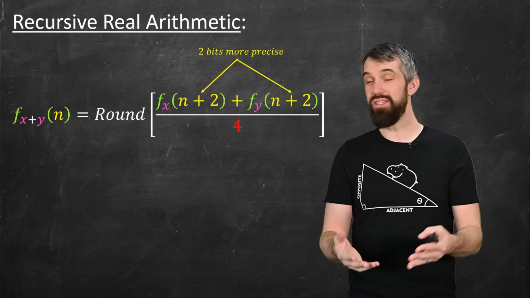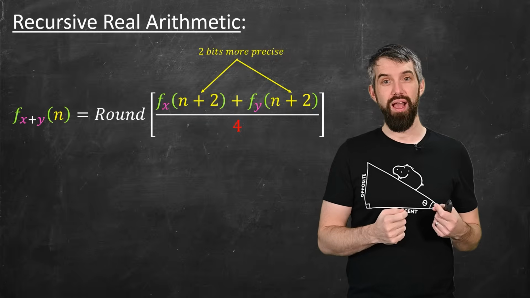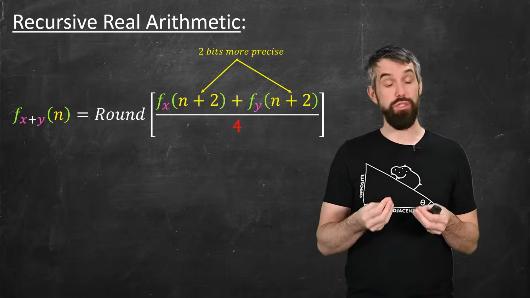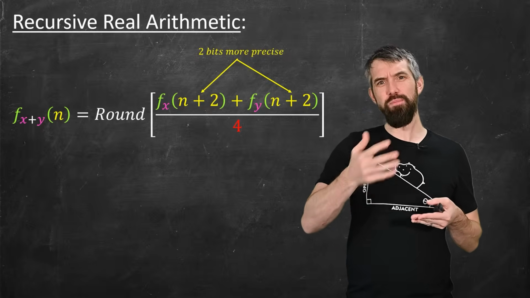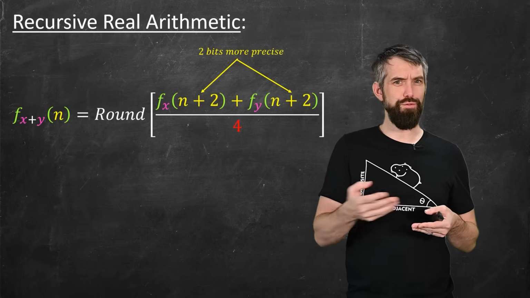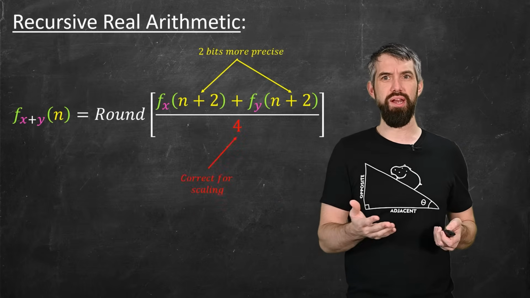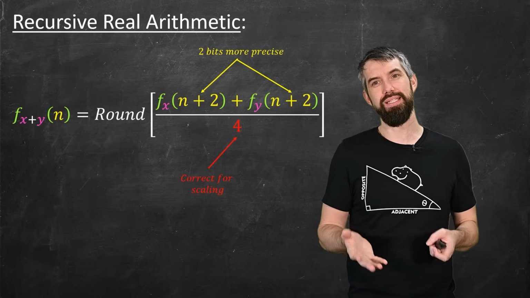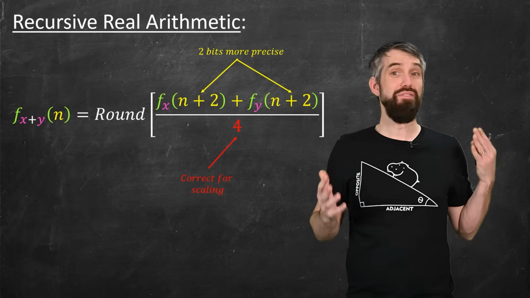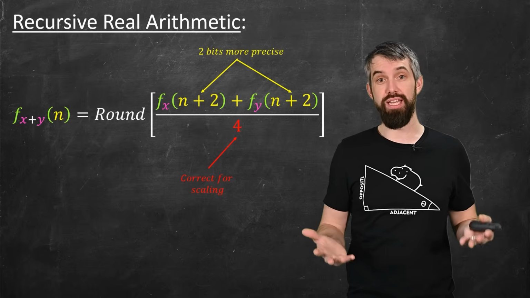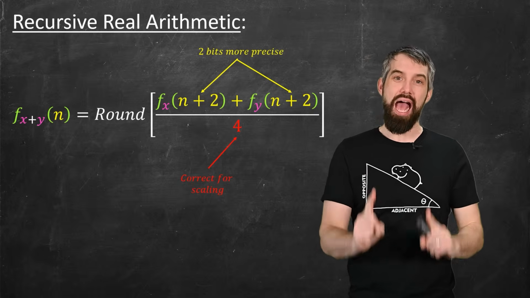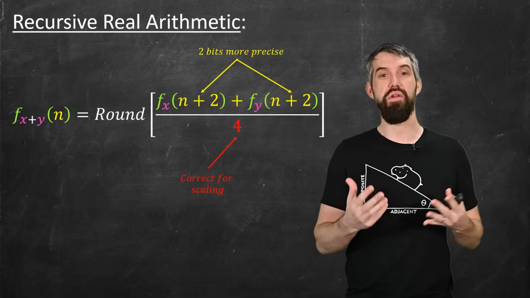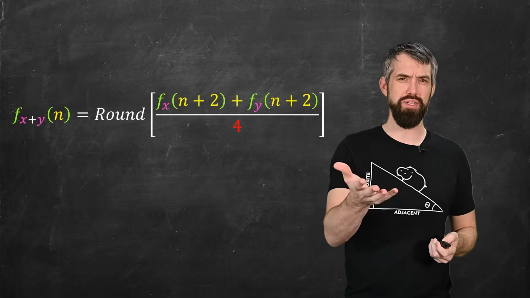Like if I want my final answer to be within 1 over 2^n, I'm doing these intermediate calculations for 1 over 2^(n+2). Having the 2^(n+2) has 4 times more in the denominator, so I have to correct for that scaling. And then what I finally get is something I can round to the nearest integer. And the argument is that now when I do this, it is accurate within the uncertainty of 1 over 2^n. So let's see how it works out in our specific example.